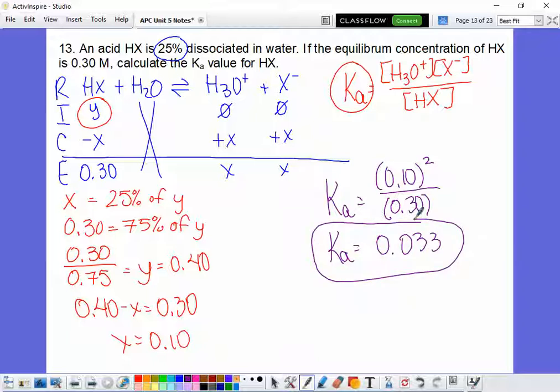For a weak acid, that's fairly close to 1. The ones we were doing previous to this were like 10 to the -5th, 10 to the -9, 10 to the -4. They were much smaller. This is really close to 1, which makes sense because it's 25% dissociation. The more it dissociates, the larger the K value. Cool? All right, that's it for today.